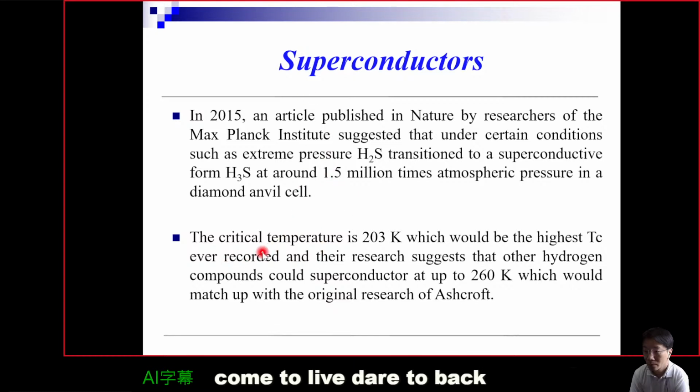And in that case, the critical temperature is 203 K, which would be the highest Tc ever recorded at that time. And their research suggests that the hydrogen compound could be superconducting at up to 260 K, which matches the original research of Ashkroft.